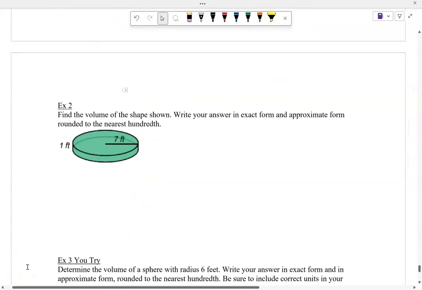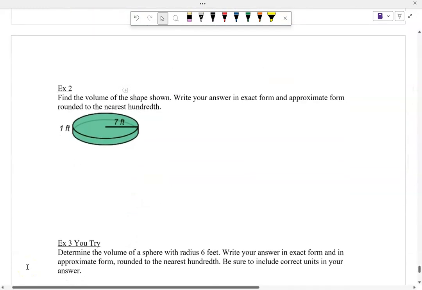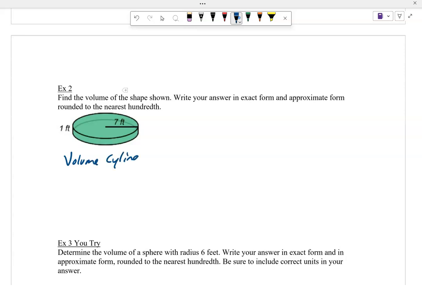All right, this next one looks like we got a cylinder. It's not a very tall cylinder, but see the circular base there. So the volume of a cylinder is the area of the base, which is pi r squared, times its height. And notice it gives us that radius.